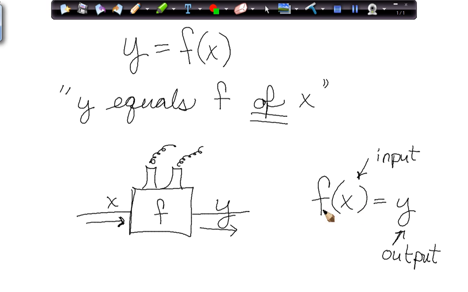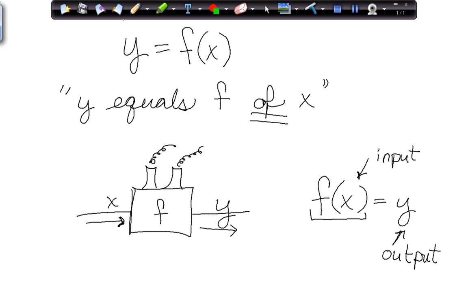And after the factory is going to do some work with those x's, then it's going to spit out an end product, and that will be the y. Okay, so this doesn't mean f times x, not at all. It means that we have a factory or a function named f. We're going to plug in some x's, and we're going to spit out some y's.